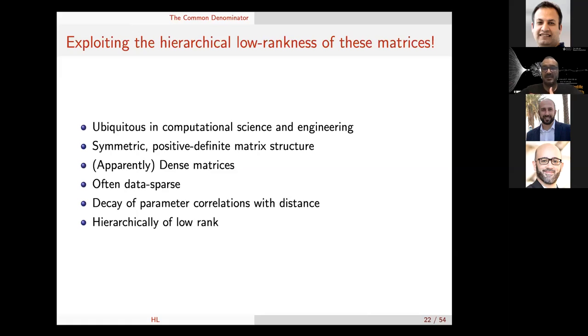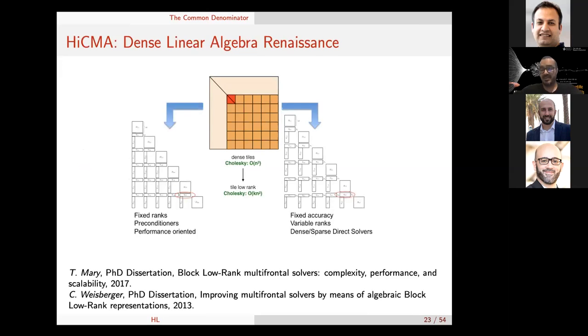The data that the matrix contains has sparsity in it. It could be because of redundancy, or for various reasons. And then what you need to do here is to see if you could take advantage of that data sparsity and compress those matrices. And this is all what HICMA is all about.